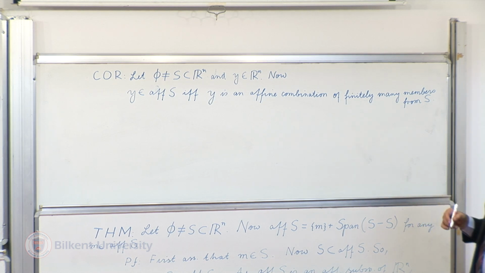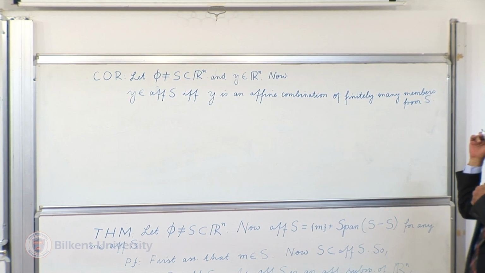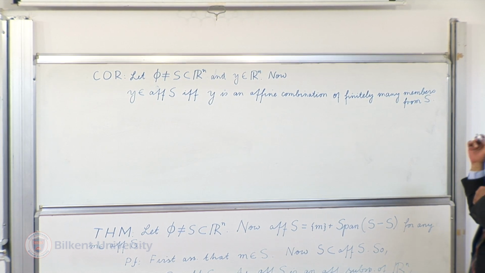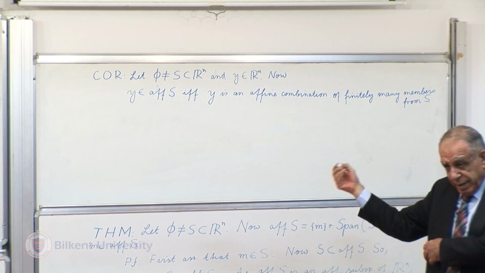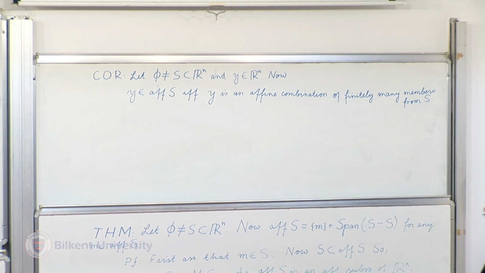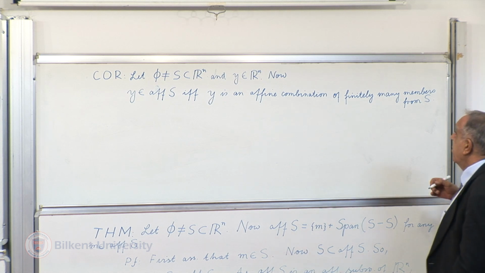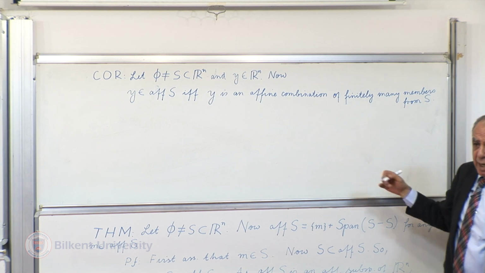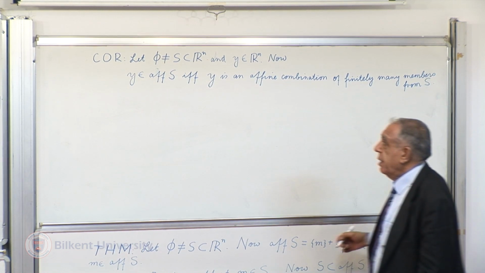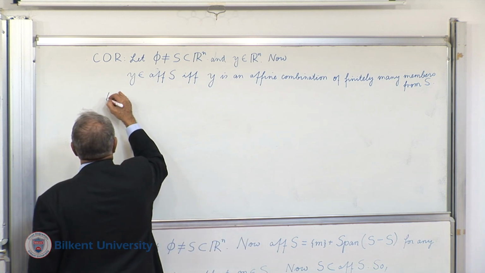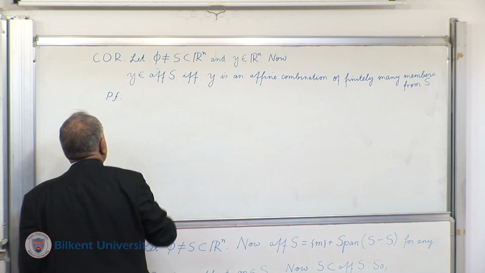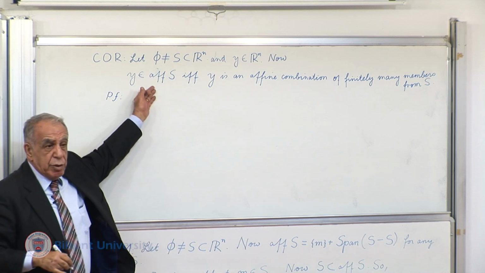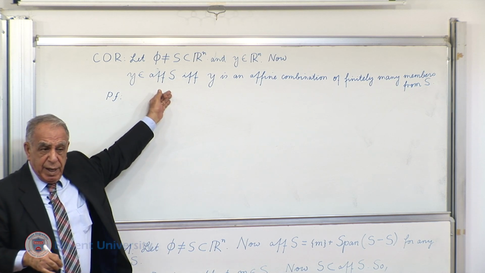y is in the subspace spanned by S if and only if y is a linear combination of finitely many members in S. y is a member of the convex hull if and only if it is a convex combination of finitely many members from S, and we have this for the affine hull and affine combination. Now let's prove this. Well, let's start by assuming that y is in the affine hull.